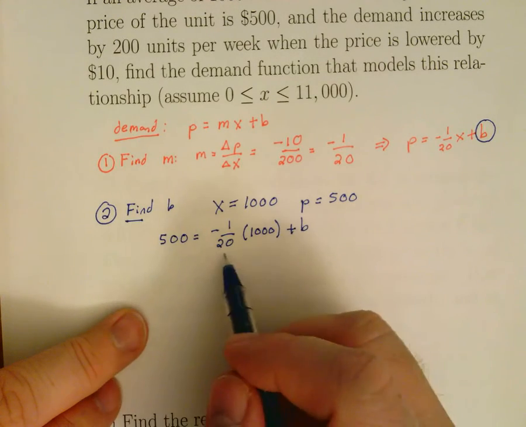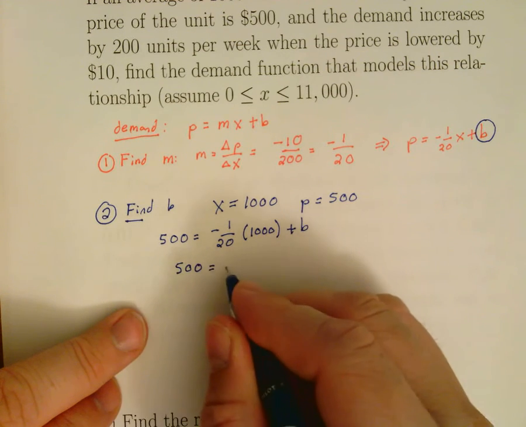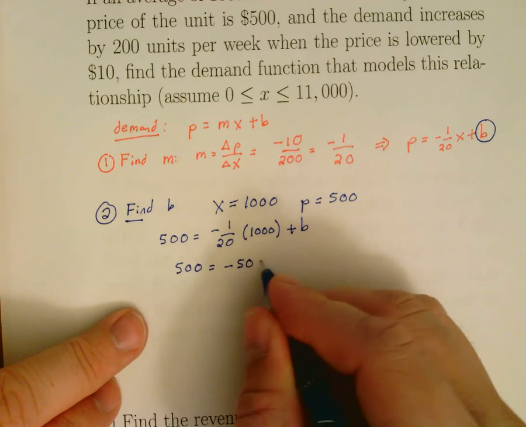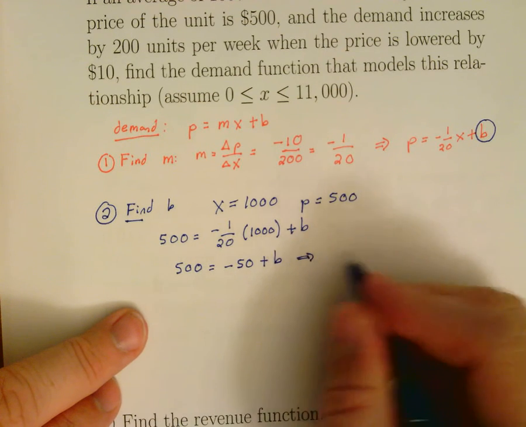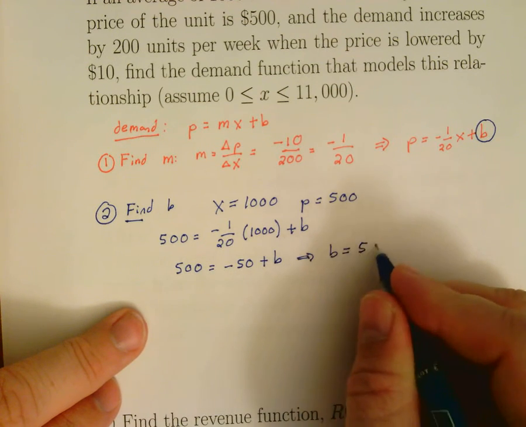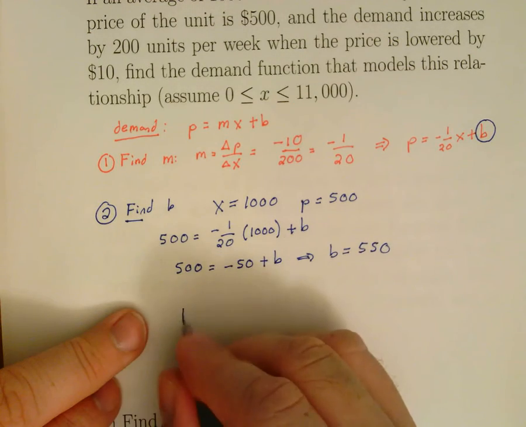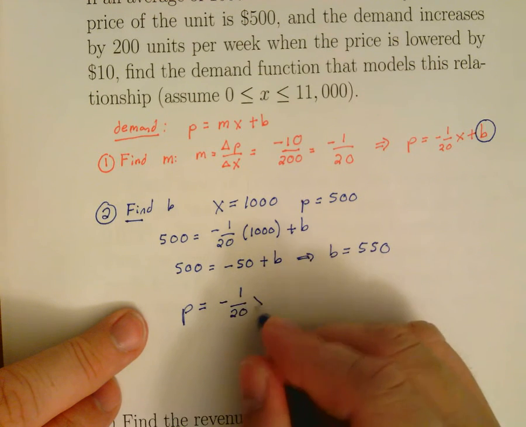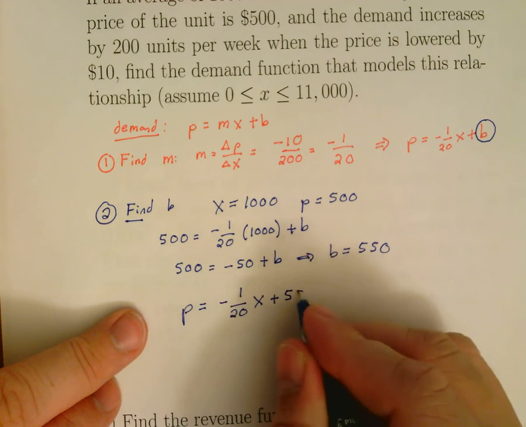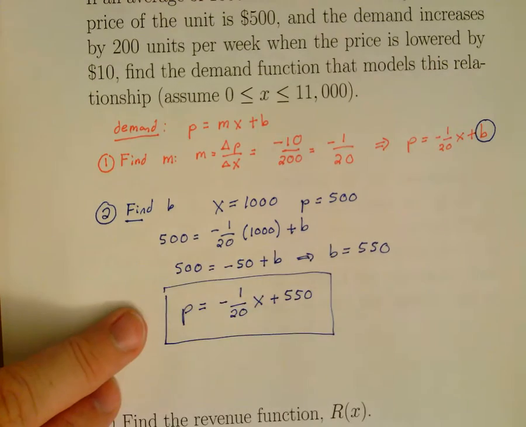I'm going to have 1,000 divided by 20, so 500 is equal to negative 50 plus B. So that just means that B is equal to 550. So the equation that I have for demand is P is equal to negative 1 over 20 times X plus 550. Okay.